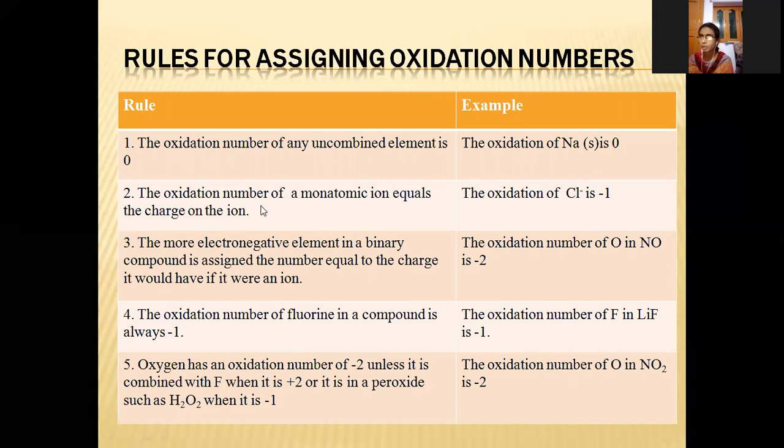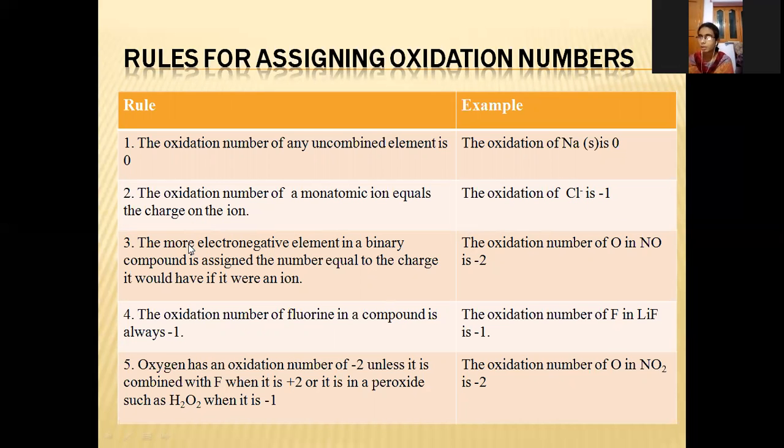Second, the oxidation number of a monoatomic ion equals the charge on the ion. So for example, the oxidation number of chlorine is -1. See here, only -1.